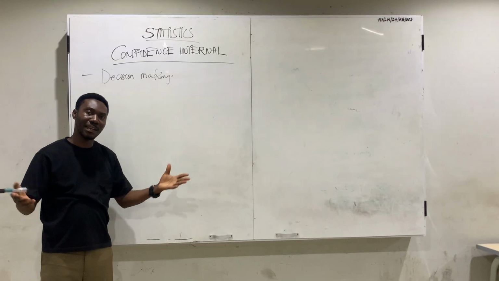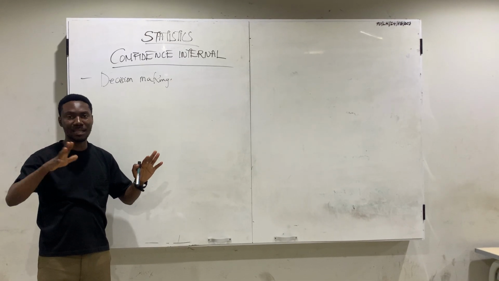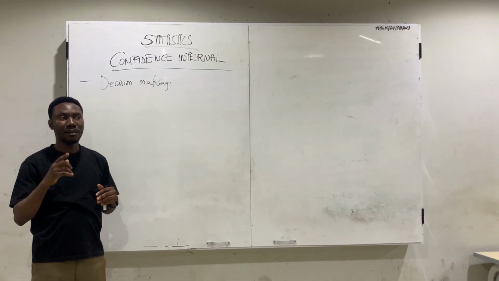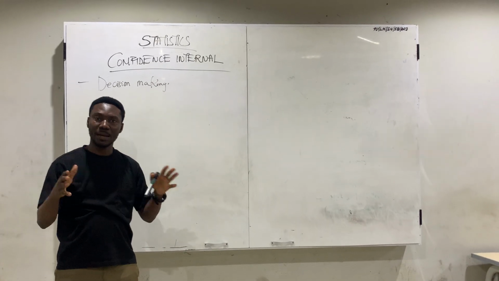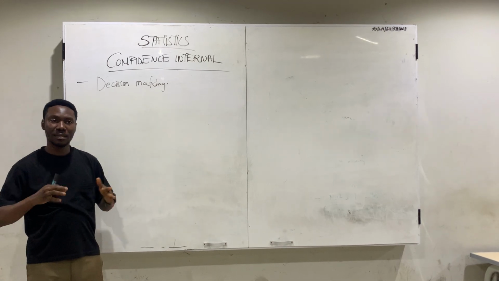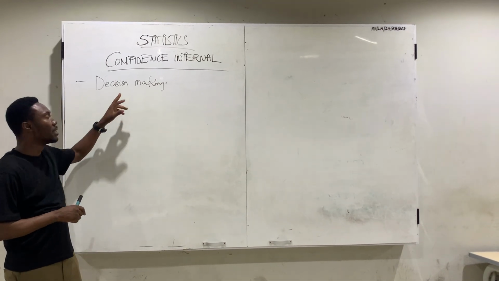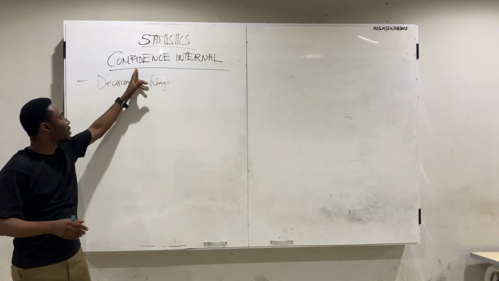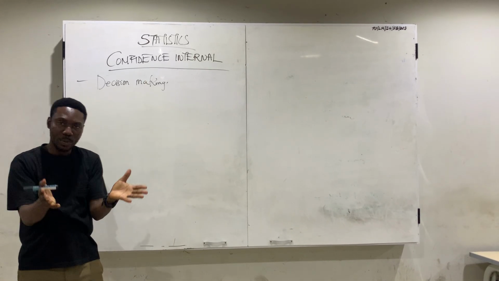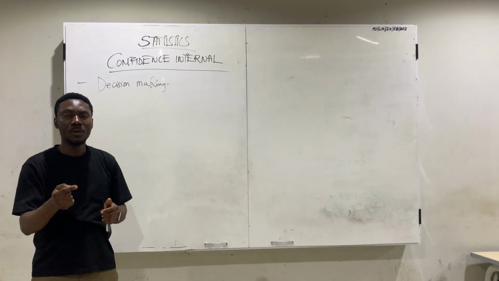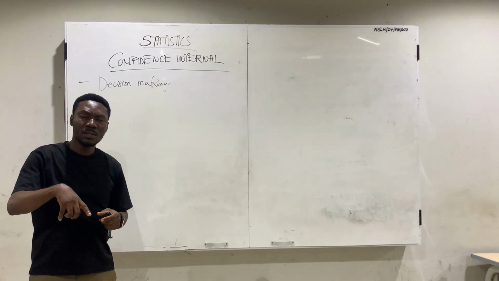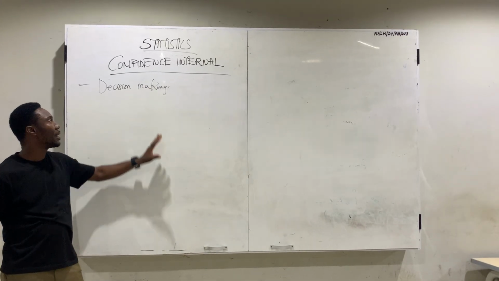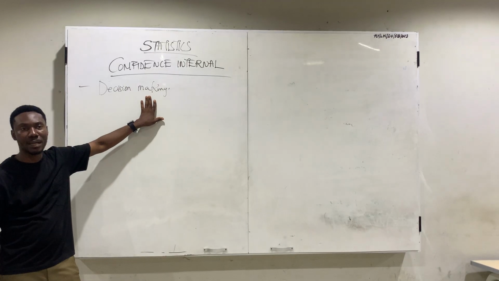You want to understand certain variables within the population to make a decision. And because of limited resources in some continents and some parts of the world, it's going to be difficult dealing with a larger population. Confidence interval will allow you to work with a sample from the population, and you still get values that actually apply in the larger population. So this type of statistics is very important when it comes to decision making.